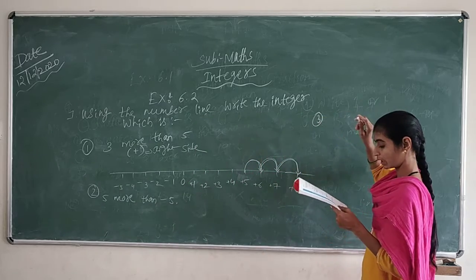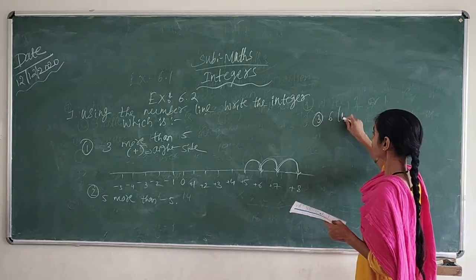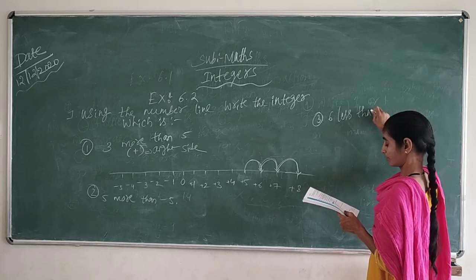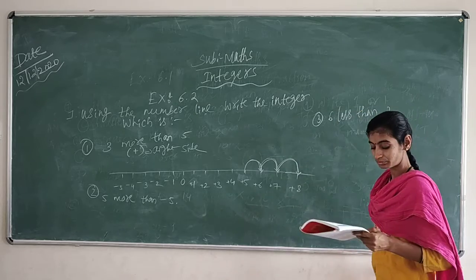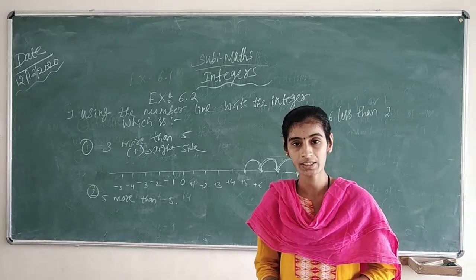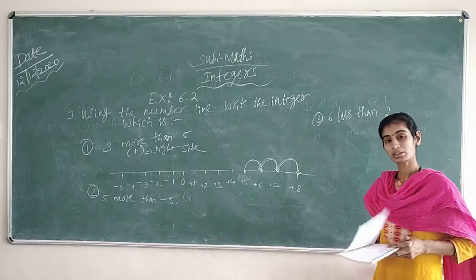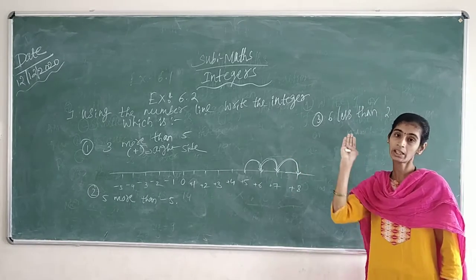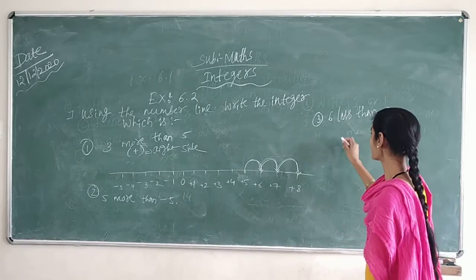Next, question number 3. 6 less than 2. If the word is less, then you have to do the subtraction and you have to move to the left side. Okay.